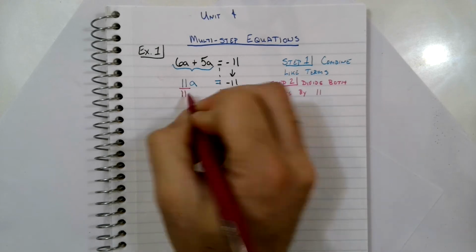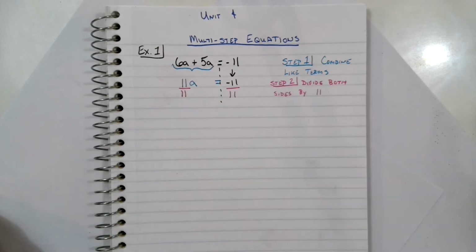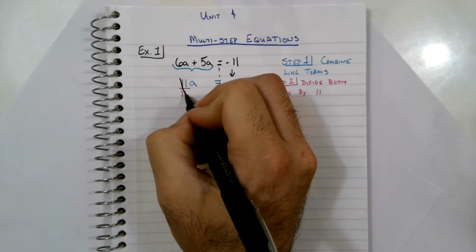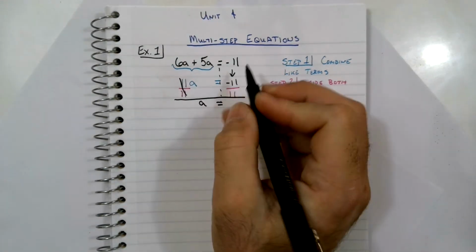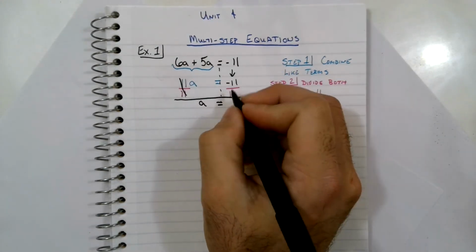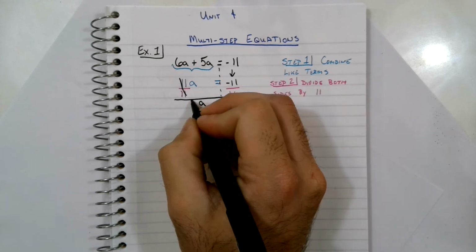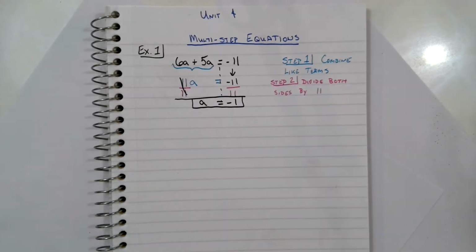What I do to one side, I have to do to the other. So these cancel. All that's left over here is a equals negative 11 divided by 11, which is negative 1. So that multi-step, not so bad. Pretty simple. Pretty self-explanatory.